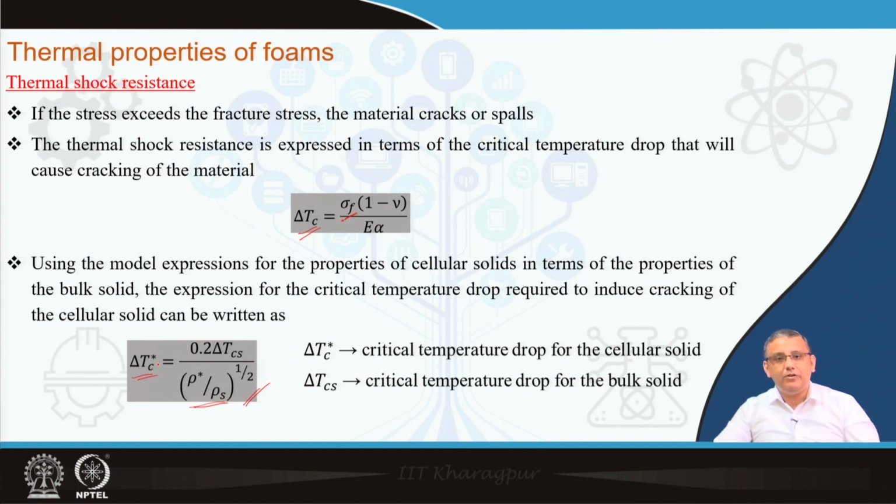Because the more pores we have inside the material, the more air, and this more void space will be able to dissipate whatever thermal stress is developing, and that will be beneficial to increase the thermal shock resistance. That means, ideally, if we want a very good thermal shock resistance, we should go for foams or cellular materials with a very low relative density.